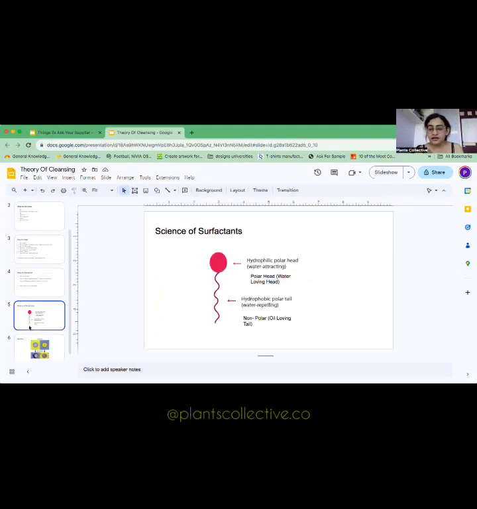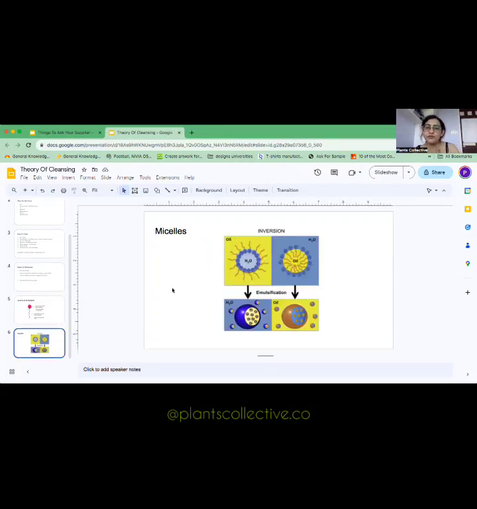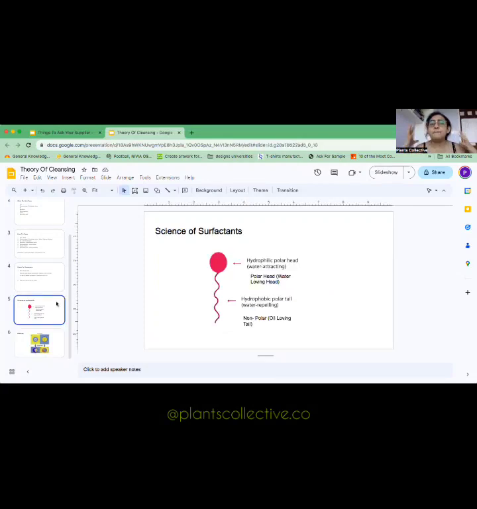Now I'll continue. What happens when we add the surfactants, or when we use the soap on our skin? Our soaps are made up of millions and millions of these surfactant molecules.